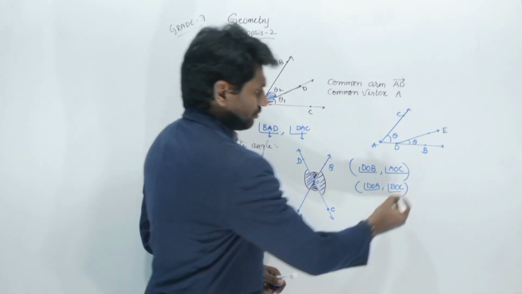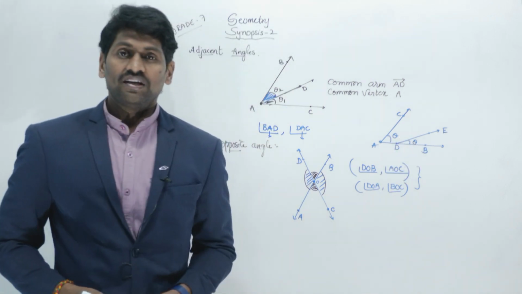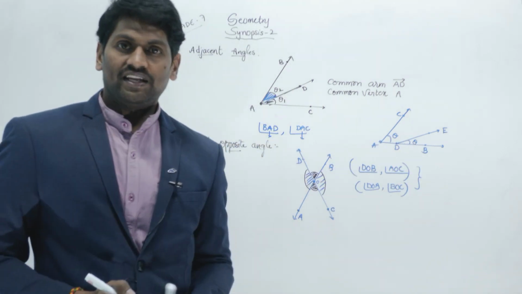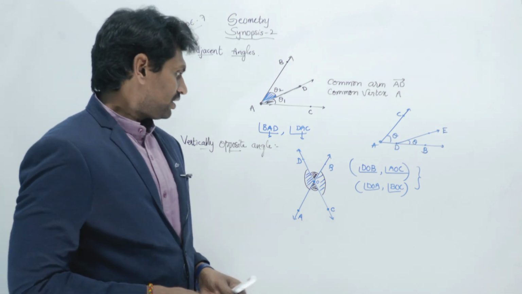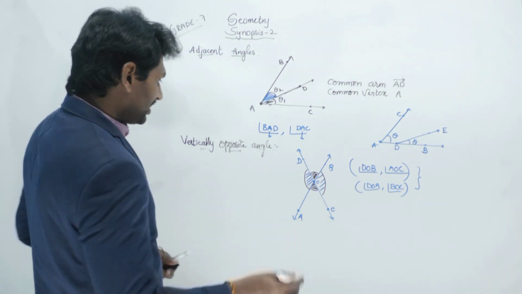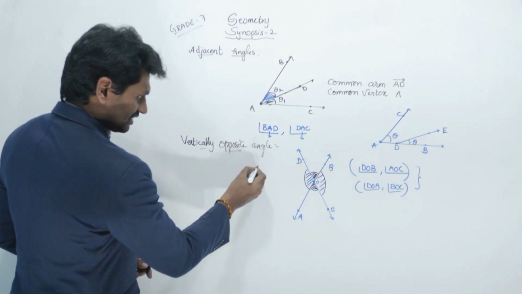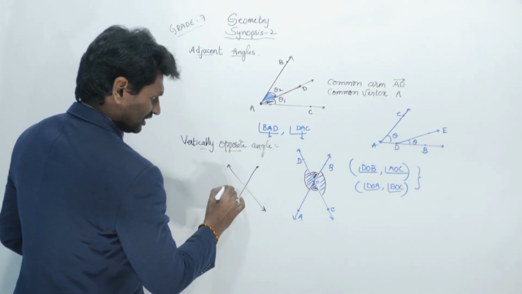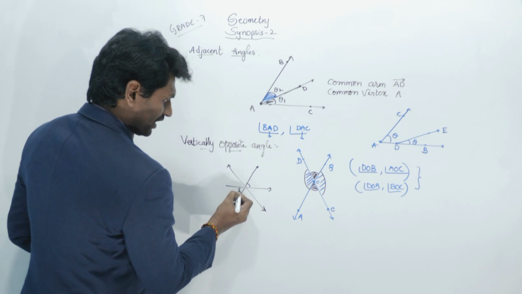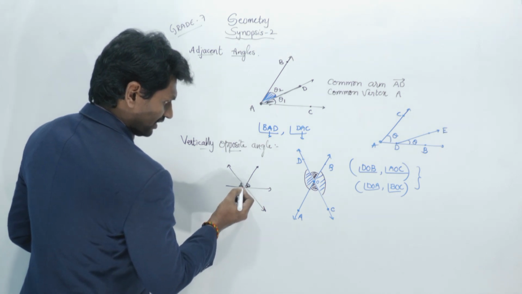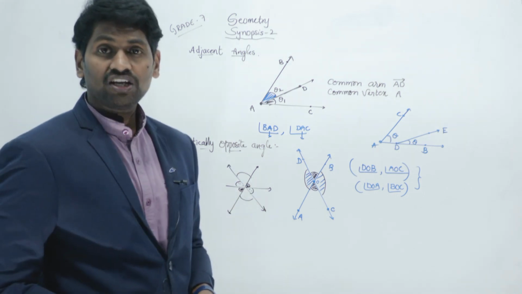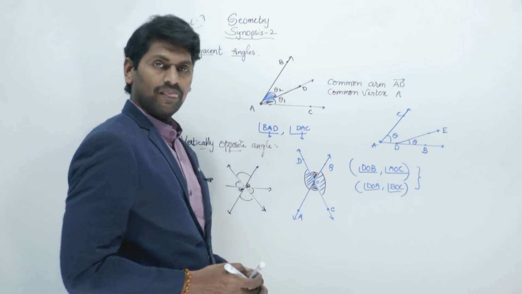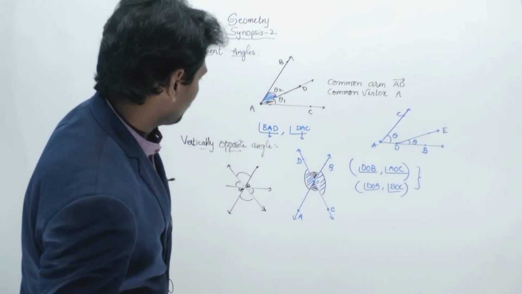These two pairs of angles are called vertically opposite angles. Okay? If three lines intersect each other, three pairs of opposite angles form. Here is the first pair, this is the second pair, and this is the third pair. Three pairs of vertically opposite angles are formed. Okay? Right.